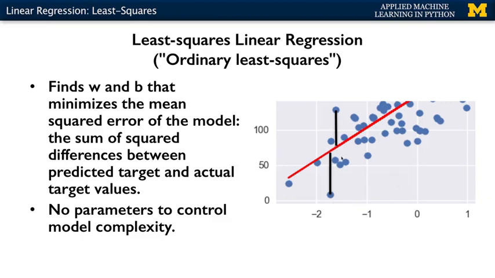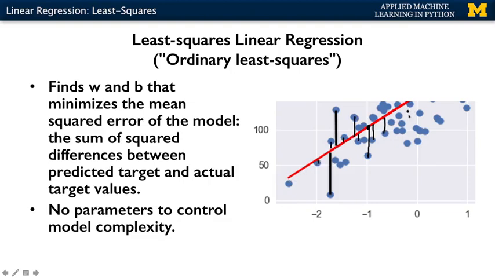So we can do this calculation for every one of the points in the training set. We can compute this squared difference between the y value we observe in the training set for a point and the y value that we predicted by the linear model given that training point's x value. So each of these squared differences can be computed.